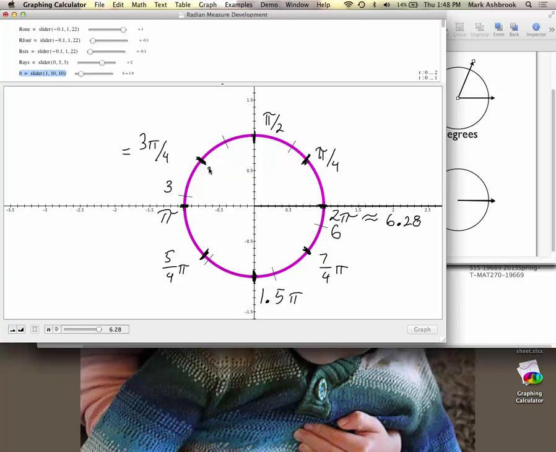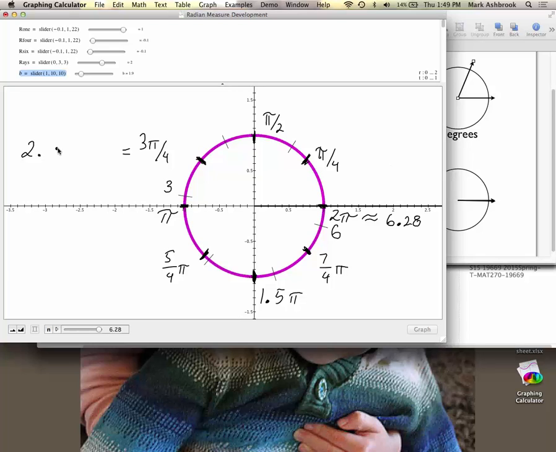How can we find that number exactly? Yeah, put it in your calculator. 3 pi over 4. Is it what we predicted?